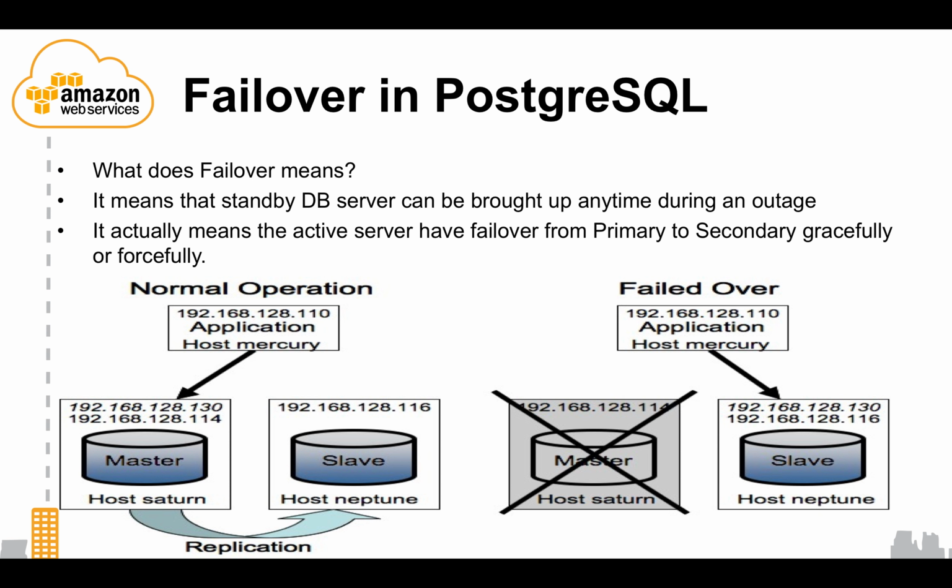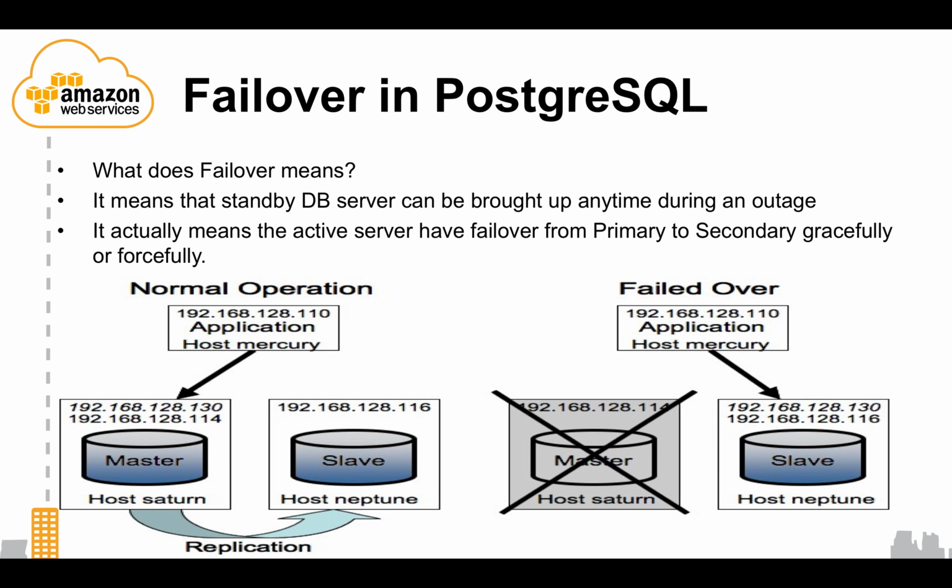Let's quickly move on to a more detailed look at what failover really looks like. So what does failover mean? Failover means that a standby DB server can be brought up anytime during an outage. In any normal production environment, we can see that there would be a master and a slave, which would be connected.